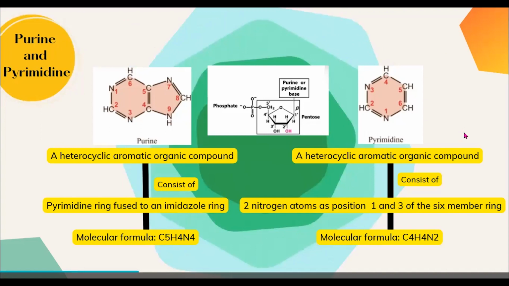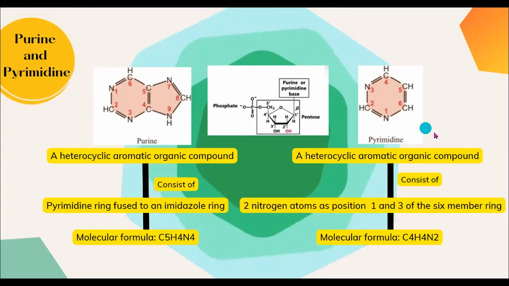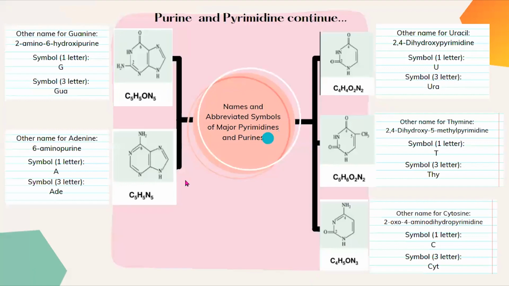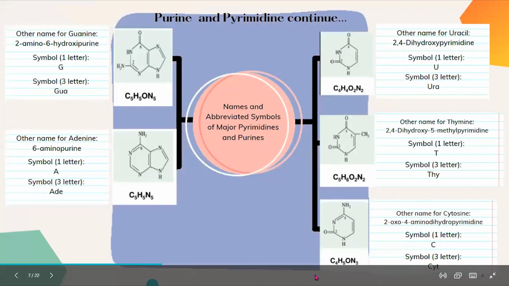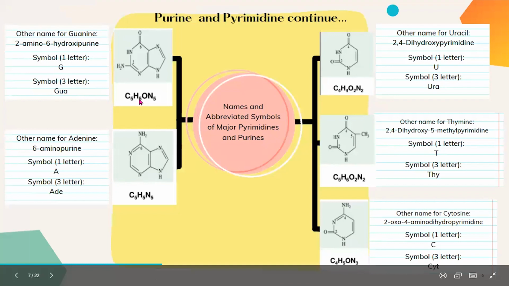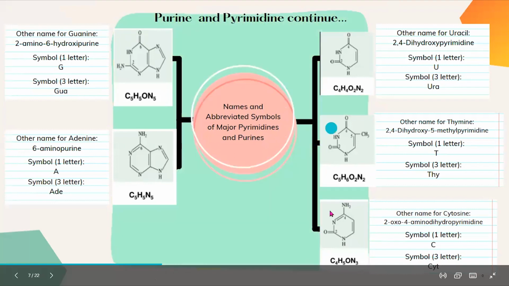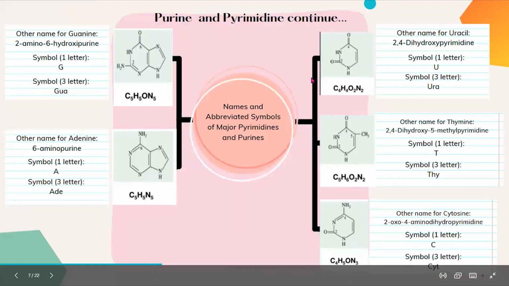Next, I will be talking about the two purine bases. The purine structure consists of a double ring, unlike the pyrimidine, which only consists of a single ring.